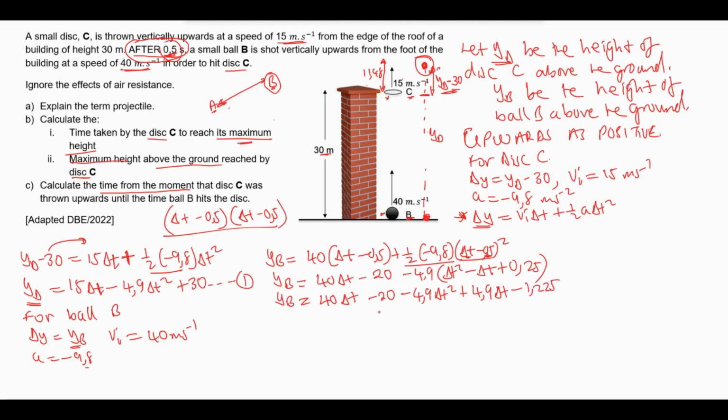Let's simplify this because we have like terms here. So yb is equal to negative 4,9 delta t squared, and then this plus this will give us plus 44,9 delta t. Negative 20 and negative 1,225 will give us negative 21,225. So this is equation 2.